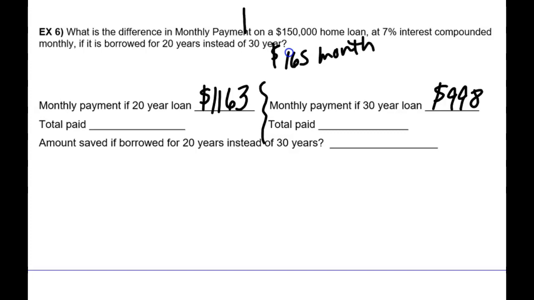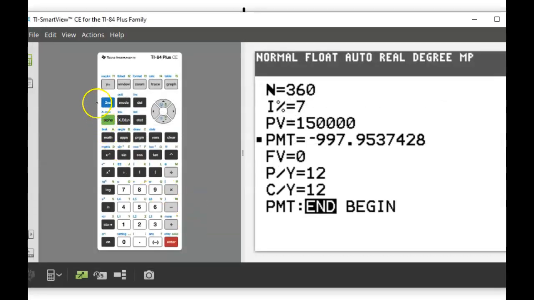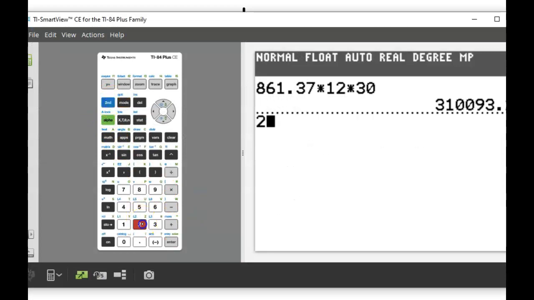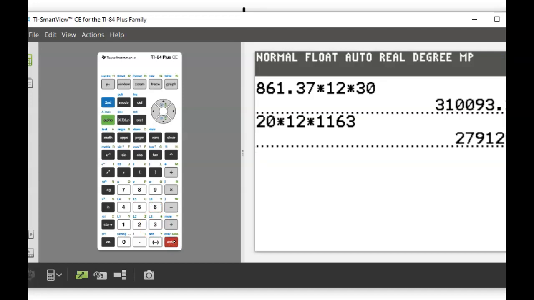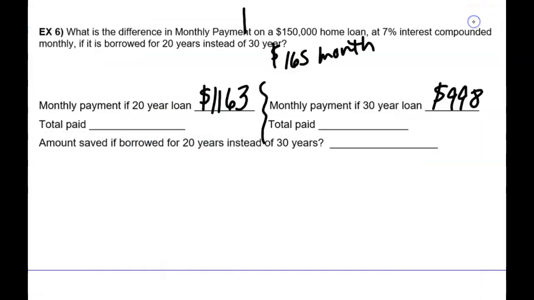Now let's figure out what happens long term though. So take this 1163 times 20 times 12 to figure out the total we paid if we bought it. 20 years of monthly payments at, was it 1163? I got $279,120. Anybody? Okay.